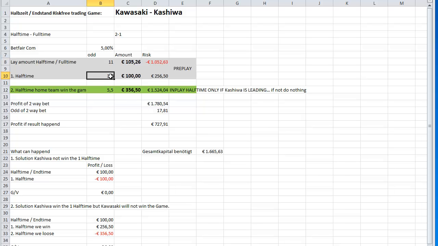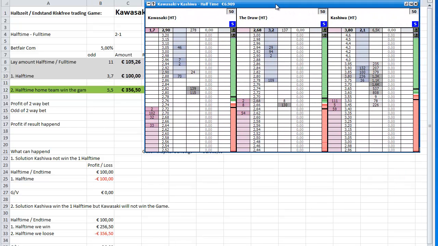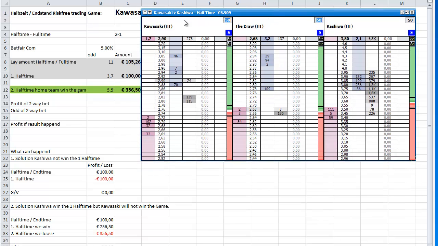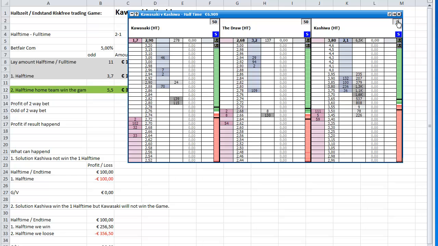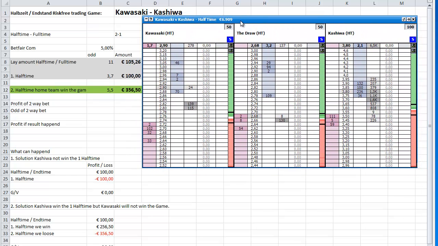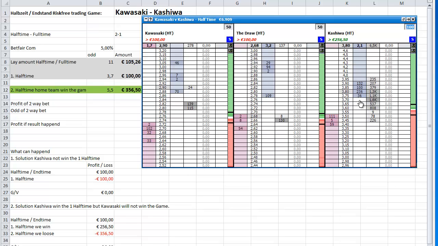Before the game starts, we have to place a further bet, and the further bet is that we take the halftime market and we take 100 euros and say that Kashiwa will win the game.